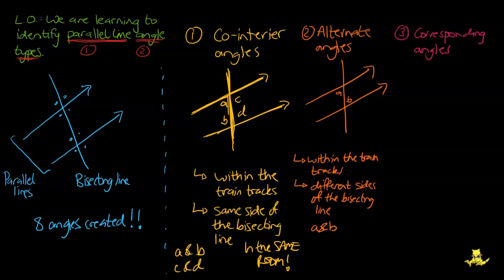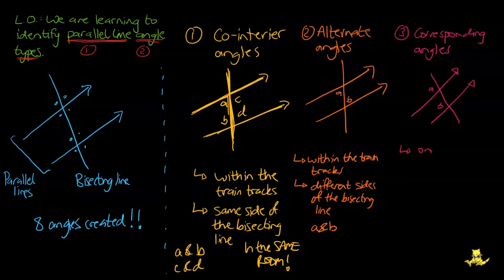So corresponding angles, again, I'll draw my set of parallel lines. And there are my arrows suggesting they're parallel. That's a bad bisecting line. Let's draw that again. There's a bisecting line. So the thing we need to know about corresponding angles, I'll draw an example. So angle A and angle B, those ones down there, they correspond to each other. And the first thing you'll notice is they're not within the train tracks anymore. You've got one in and one out.